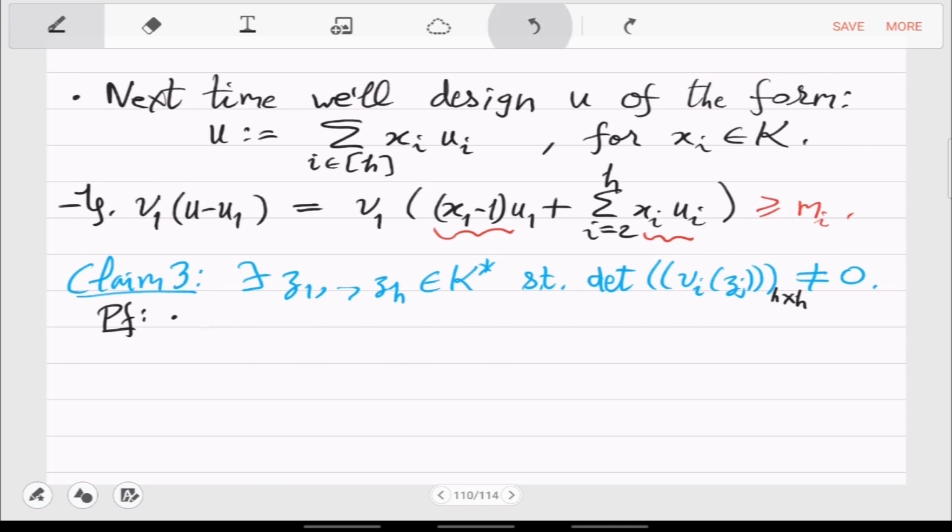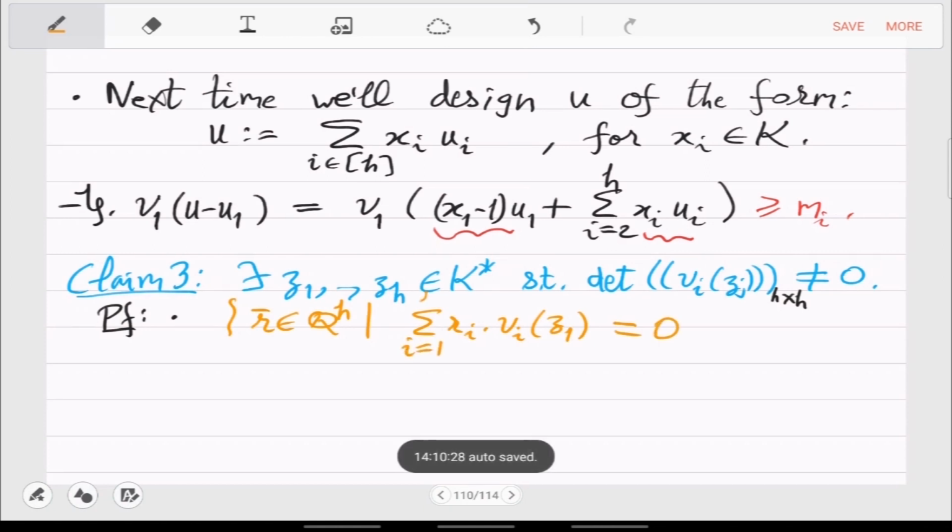So let's look at an equation. The solution set of sigma Ri Vi Z1 equal to 0. So consider this solution set, it's a vector space, of course.